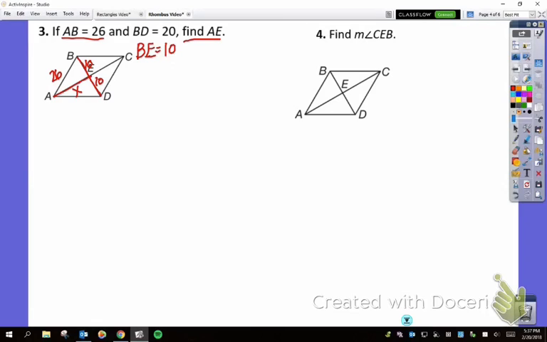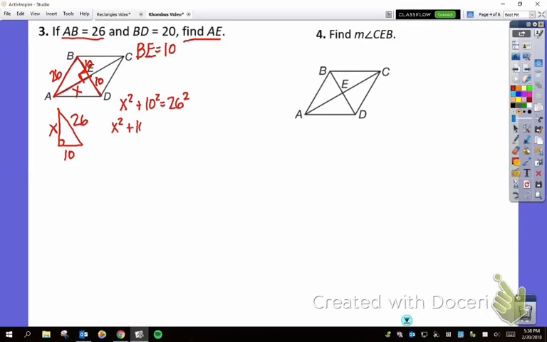Now remember, here at angle E, we have a right angle, so now we can look at our right triangle. On our right triangle, we have 10 at the bottom, x, and our hypotenuse across from the 90 is 26. If you remember, when we want to find a missing side on a right triangle, we need to use the Pythagorean theorem. So here we have x squared plus 10 squared equals 26 squared.